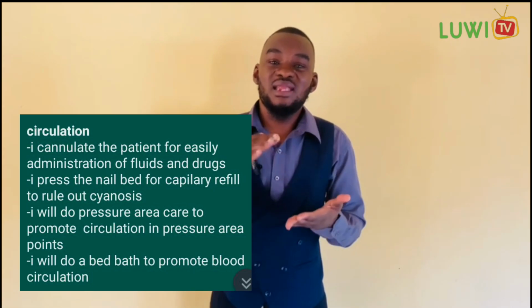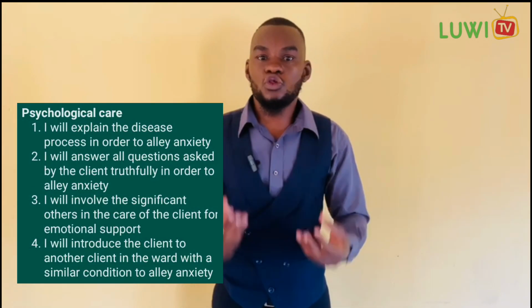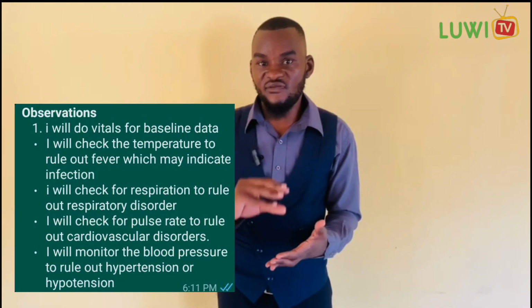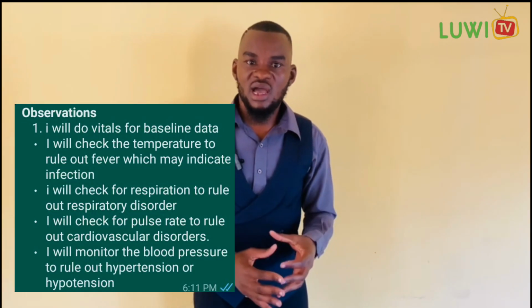When we are done with the ABC, which is airway, breathing, circulation, we are going to go now into psychological care. We deal with the psychological care of the patient. We ensure they are mentally okay, they are mentally stable, so that we can go into our observations. For psychological care and observations, I'm glad to say that points do marry each other in all the other managements.